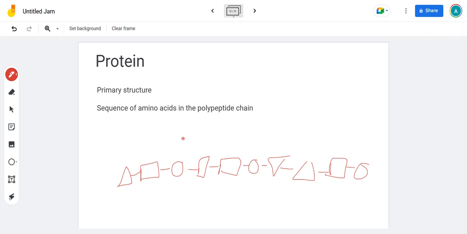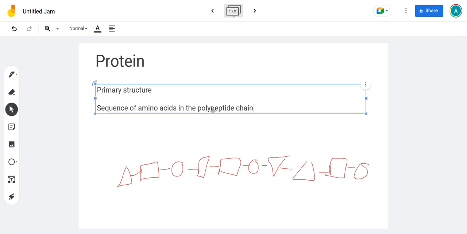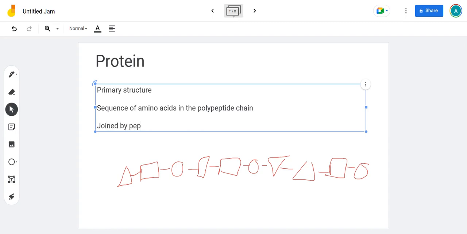So that specific sequence of amino acids is your primary structure. At this point, it's also worth always mentioning that they're joined together by peptide bonds. There's often marks for the type of bonds. Okay, so we can say that they're joined by peptide bonds.